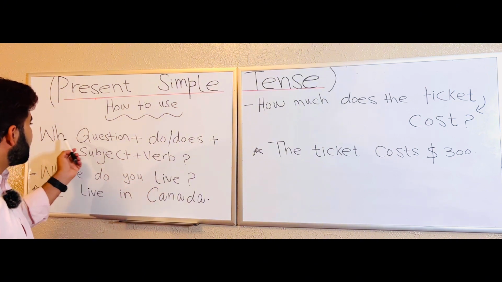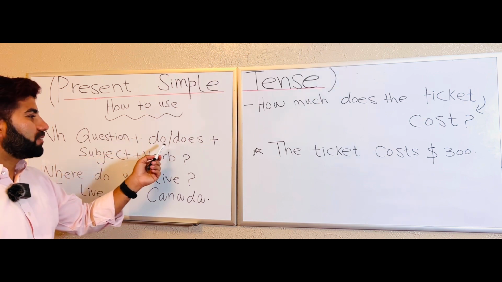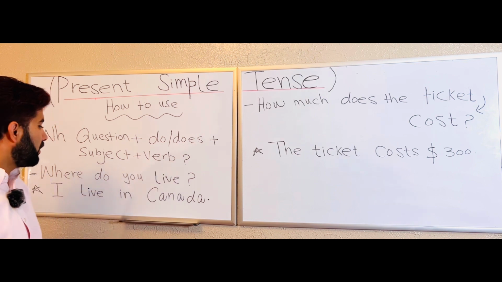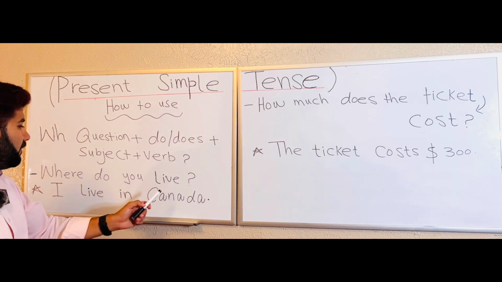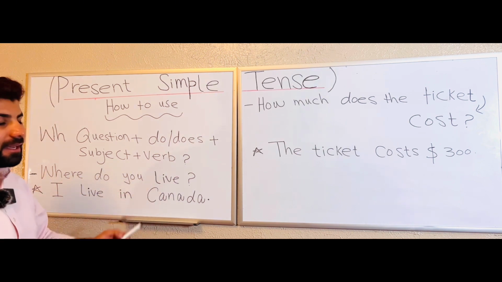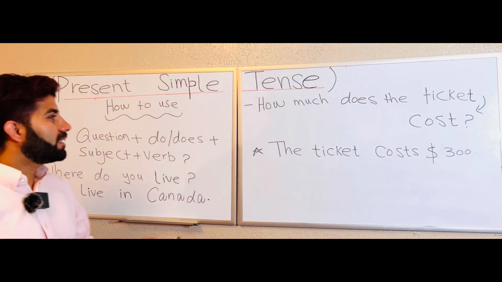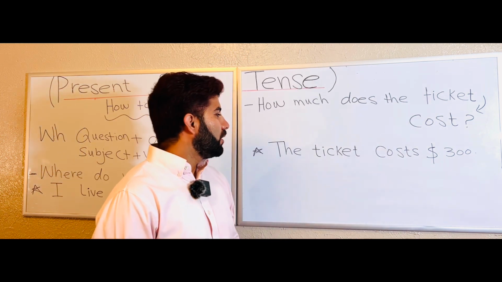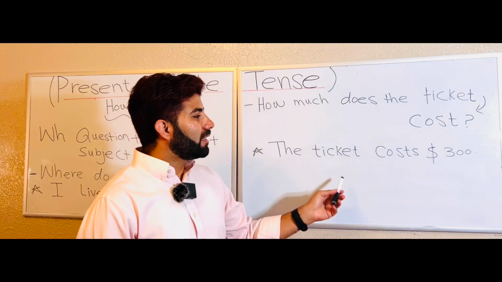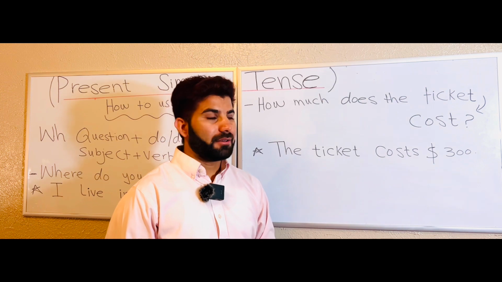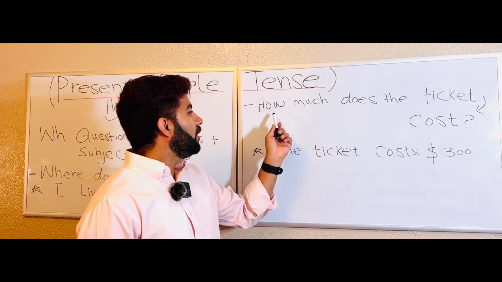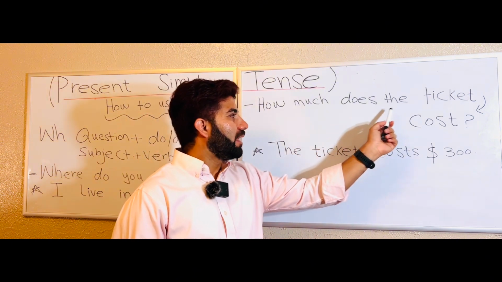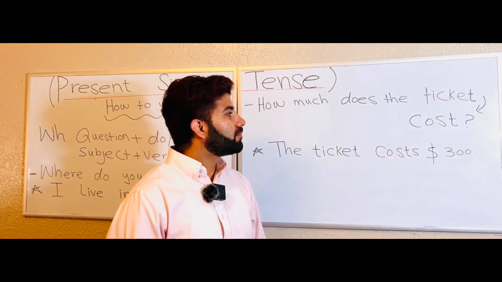So the structure is WH question plus do or does plus subject plus verb, and then a question mark. Where do you live? I live in Canada. Another example, how much does the ticket cost? The answer is the ticket costs $300. In this sentence, first we brought how much, and then does, then the ticket, and the last is cost.